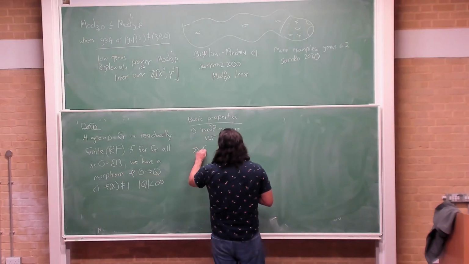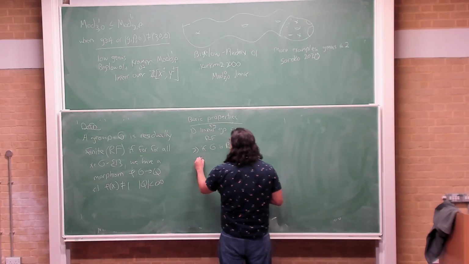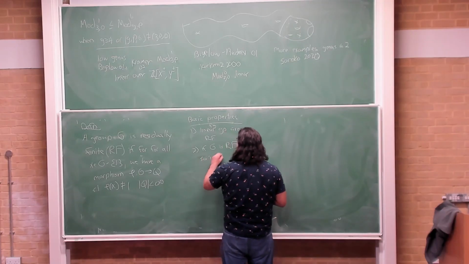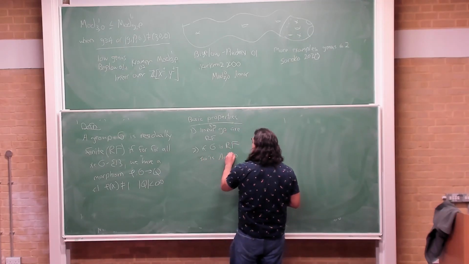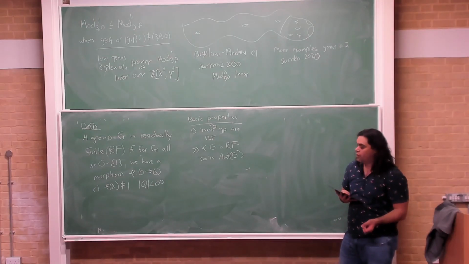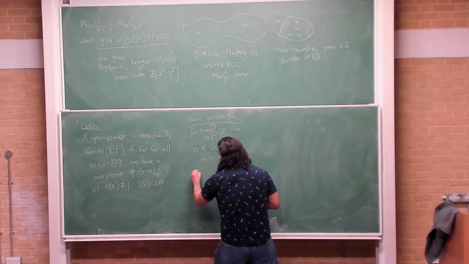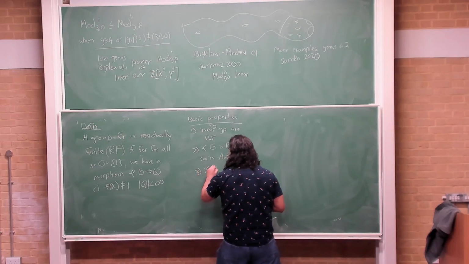But if G is residually finite, so is Out G. So right away, the mapping class group of the genus 2 surface, or genus G surface with one marked point, is residually finite because residual finiteness also passes to subgroups.